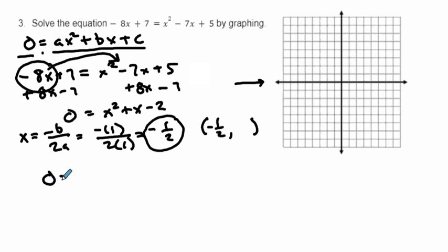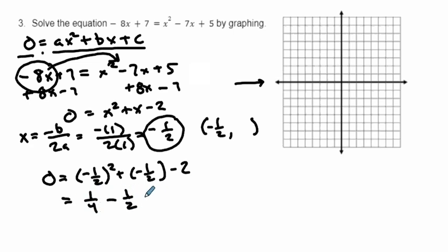So we have 0 equals negative 1/2 squared plus negative 1/2 minus 2. All right, so that is going to give me 1/4 minus 1/2 minus 2. And it's minus 1/2 because adding a negative is the same as subtracting.